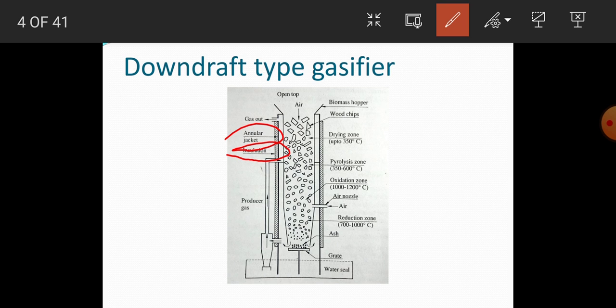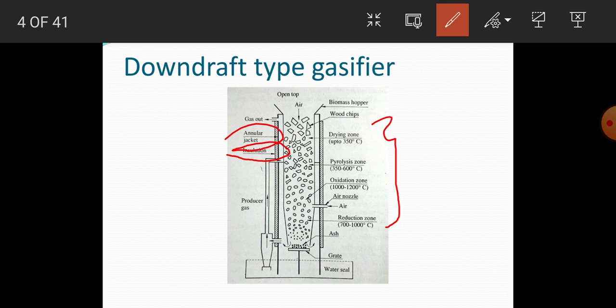which helps the gas to flow through it, and each and every gasifier has different zones like drying zone, pyrolysis zone, oxidation zone, and reduction zone. So in the drying zone, the biomass is dried and the water content is converted to steam.